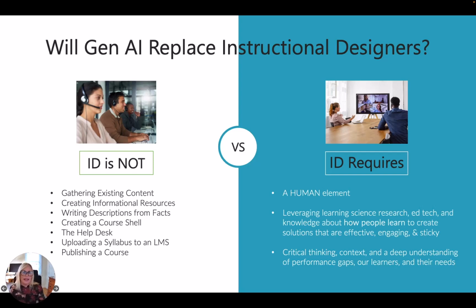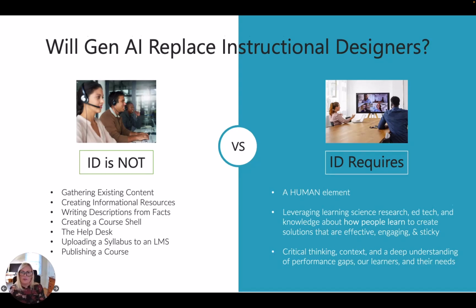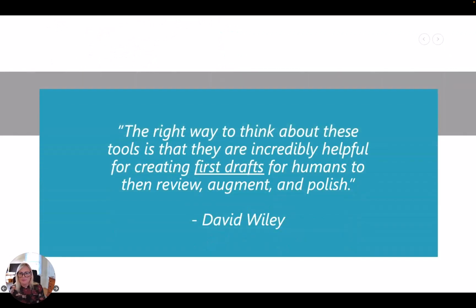So generative AI, again, is a tool that we can use as an instructional designer to have more efficiency in our process and learn different ways to generate content and different aspects of course designer training. And I really like this quote from David Wiley. He is a professor.